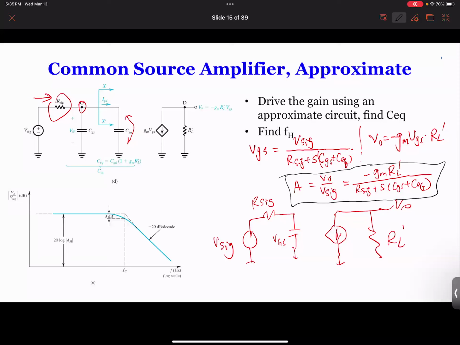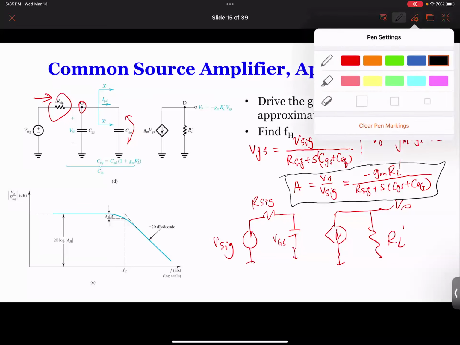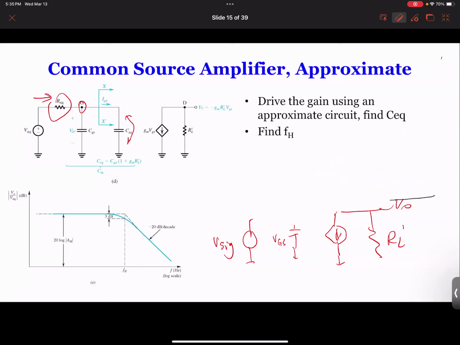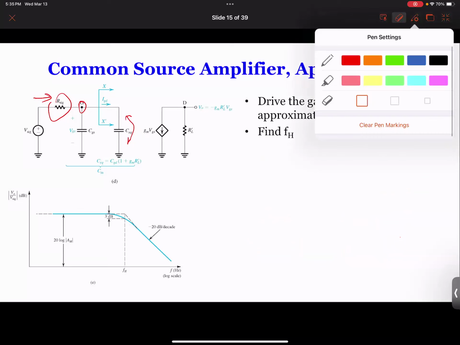Actually, I was missing the voltage divider. I have to, these two impedance. No, actually, sorry, this is totally a mistake. I have to redo it. Apologize for that. Let me redraw this. And I need to make this right.